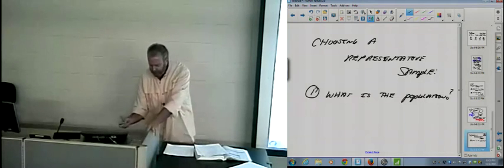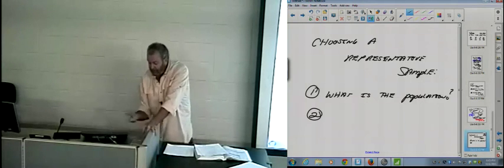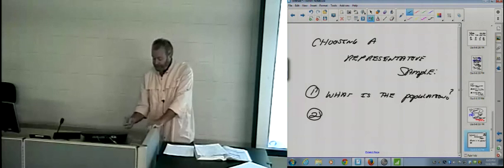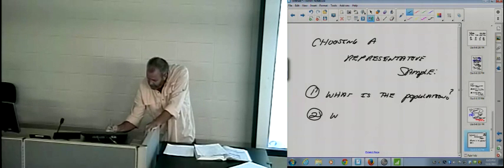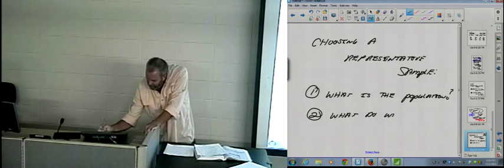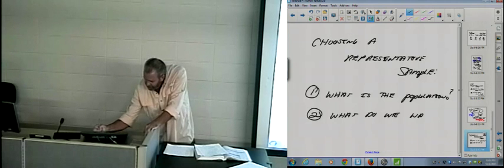And then number two, this one may even sound stupider than that one. What do we want to measure?